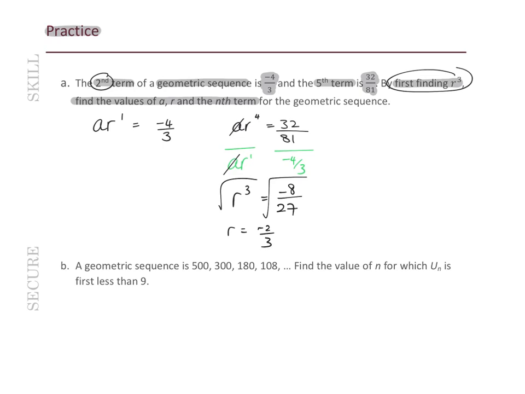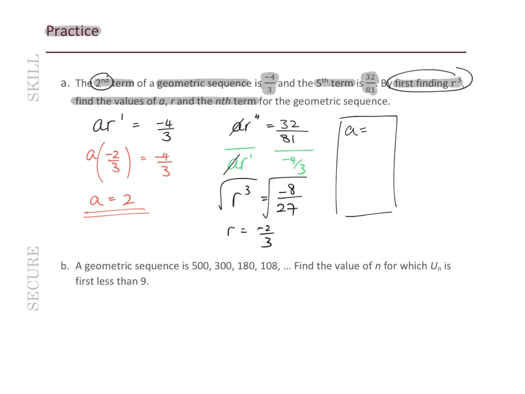Okay, now if ar is minus 4/3, we know what r is now. So a equals 2. And then we can actually construct a box over here.